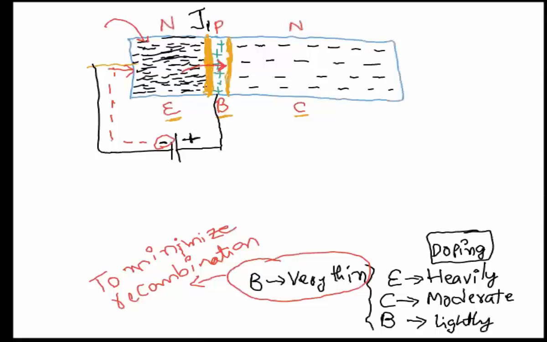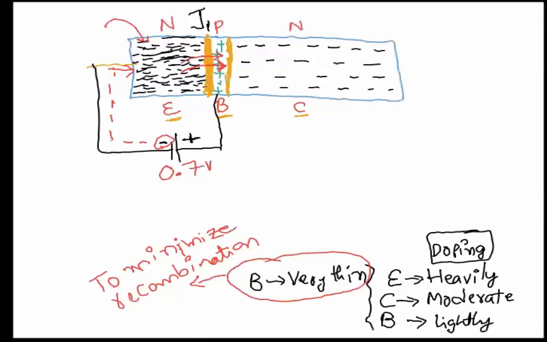So when you have the voltage on the base at least 0.7, the junction J1 will be forward biased. Now some of these electrons will go into the base.